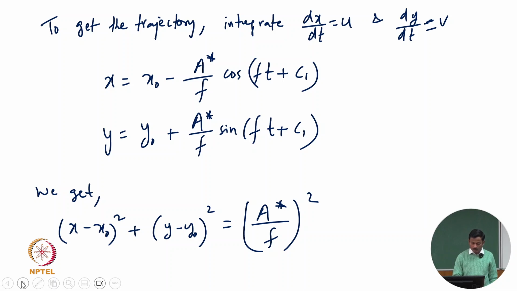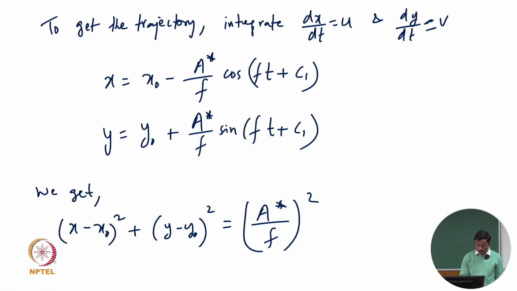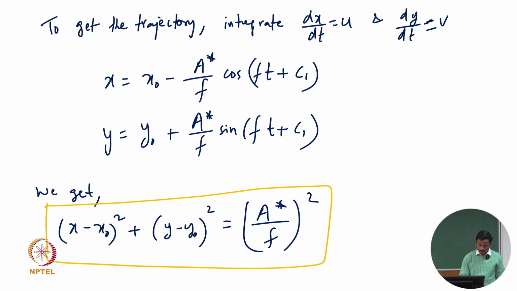So once we get the trajectory, we get a form of this which is like this, and you can pause it for a moment and say what does this trajectory look like.